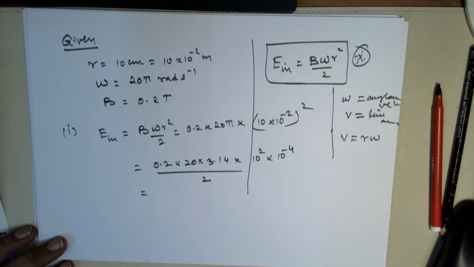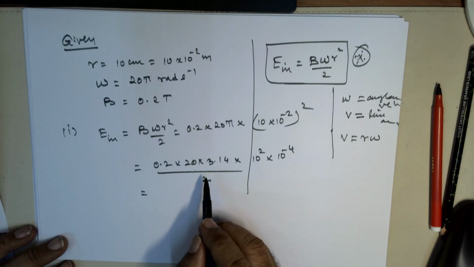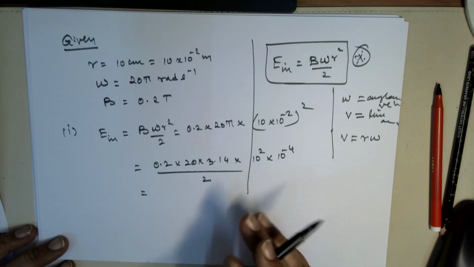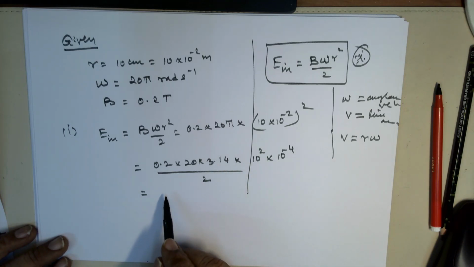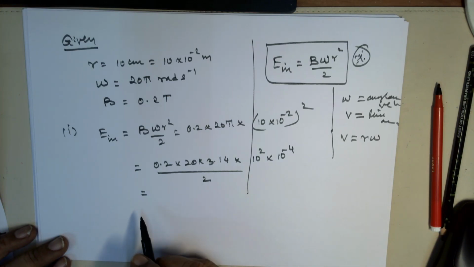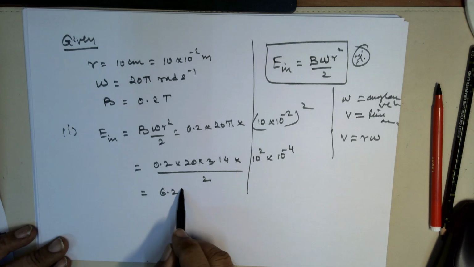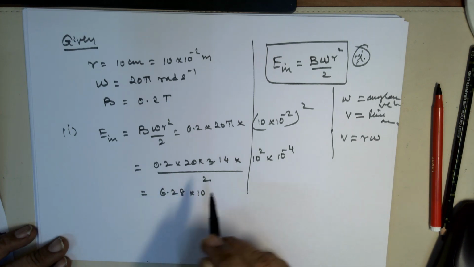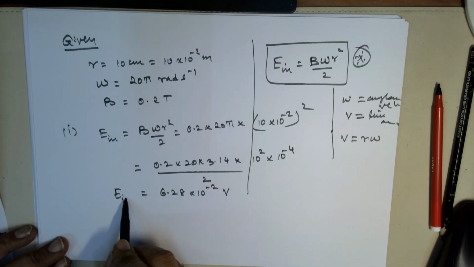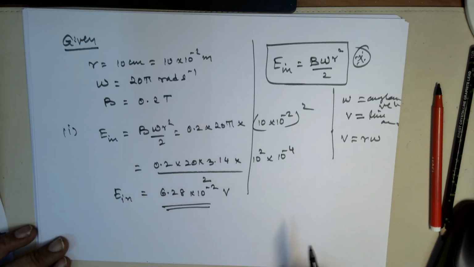It is a very simple calculation: 6.28 into 10 power minus 2 volt is the induced EMF. So this is the first answer.